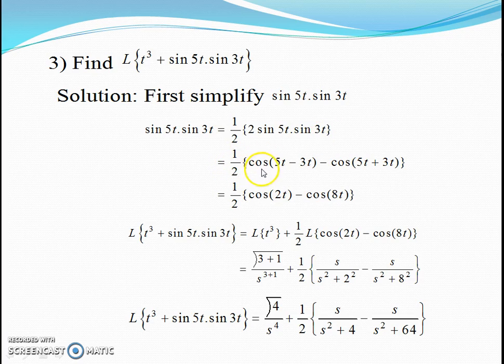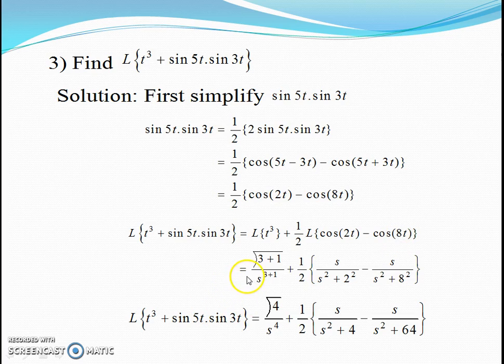That gives 1 by 2 in bracket cos of (5t minus 3t) minus cos of (5t plus 3t), using the formula 2 sin A sin B. That gives 1 by 2 in bracket cos 2t minus cos 8t. Therefore, the Laplace transform of the given example equals L of t cube plus 1 by 2 in bracket L of cos 2t minus L of cos 8t.